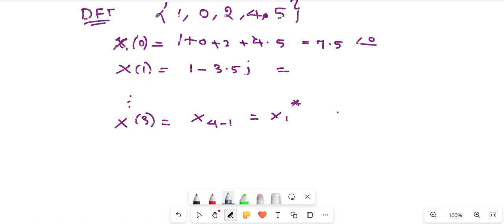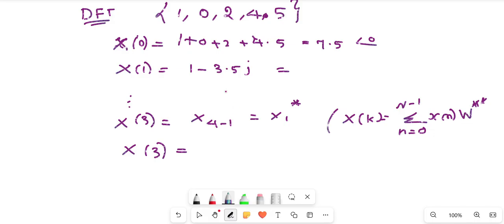Okay, so the formula, you know, X of k is equal to the summation for n equal to 0 to N minus 1 of x of n into W N power nk. So X of 3 is equal to, now you can say, 4 minus 1, the complex conjugate of X of 1.